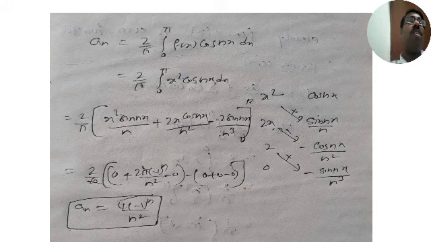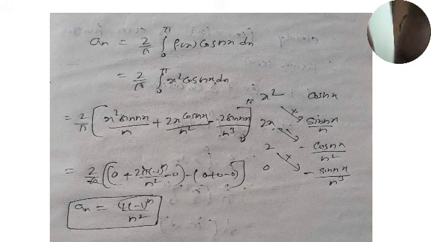So x square is the first function and cos nx is the second function. For the first function x square find derivatives, and for the second function cos nx find integrals. Cross multiply with plus minus, that is the Bernoulli rule, but in cross multiplication the first and third terms are sin terms, those values are 0 for any pi, so only the middle term you have to concentrate on. Hence we got a_n equal to 4 into minus 1 whole power of n by n square.